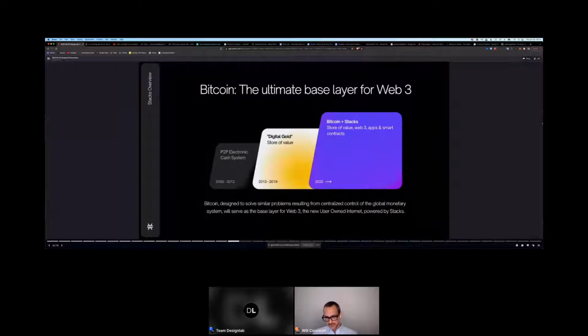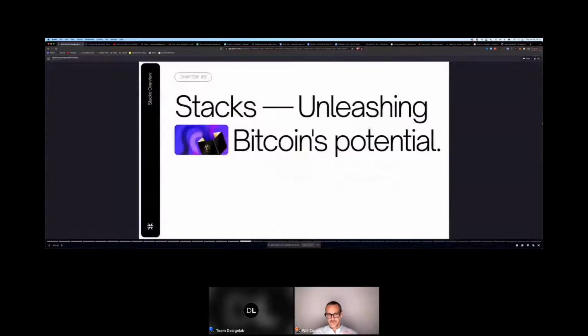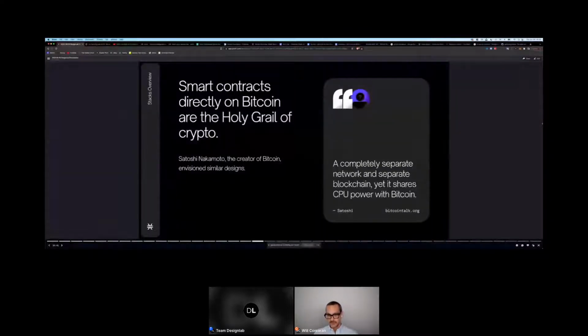But really it's that value and the decentralization and the security that makes it the great base layer for Web3. So anything that you're going to do on Web3 deals with smart contracts, and smart contracts have to have security, decentralization, and scalability.